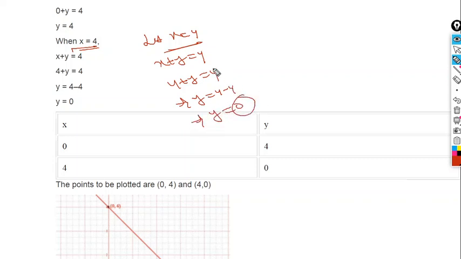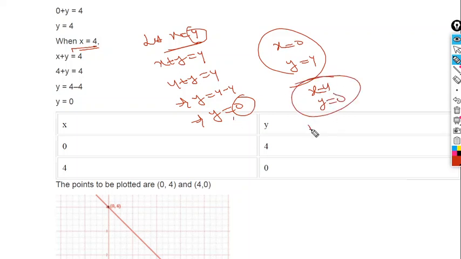That means we got another value. The first one was x equal to 0, y equal to 4, and the second is x equal to 4, y equal to 0. So we got 2 points here.